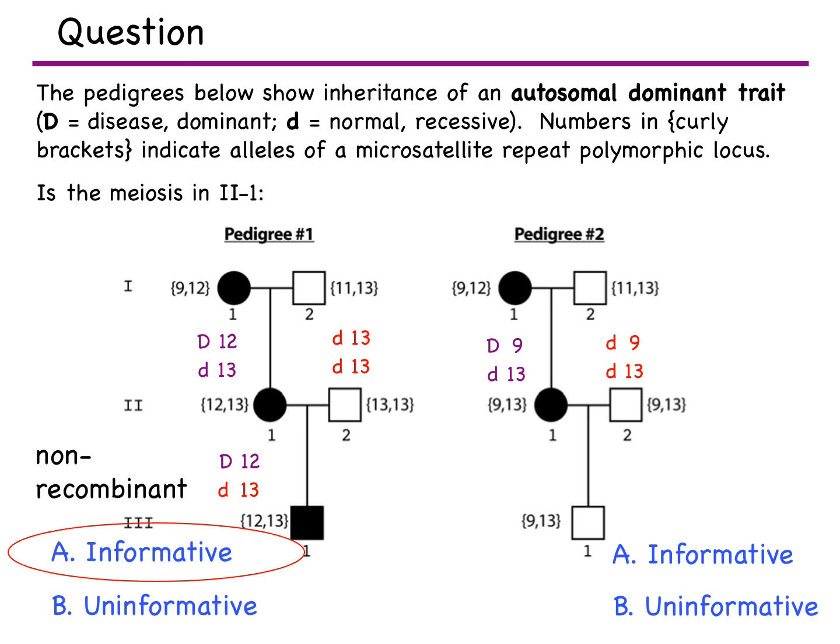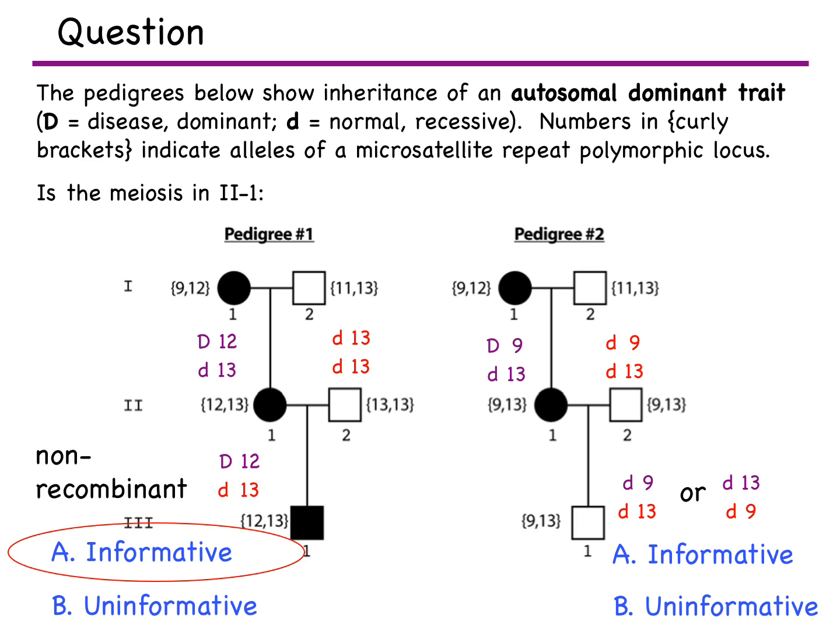Now, if we look at the genotype of individual 3-1 in this case, the situation is a little bit more complicated. There are two different possible ways this person could have inherited this combination of alleles. They could have inherited the non-disease-causing allele and the 9 allele from individual 2-1, and if that was the case, that would be a recombinant.